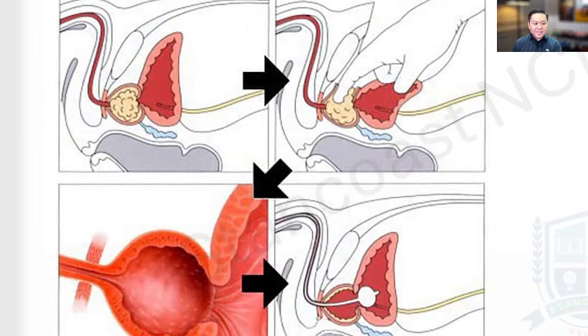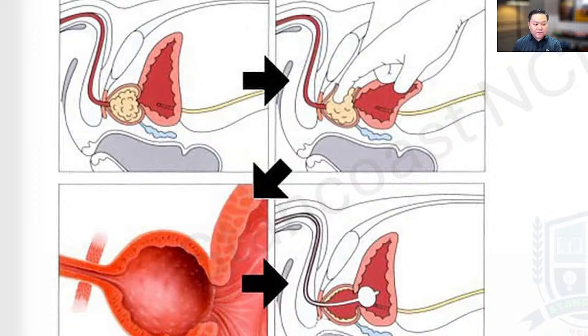So look at that. This is the bladder right here. I can't really use my pen right now when this is zoomed. And so the bladder right here and the prostate gland that is enlarged, and this is going to be manually extracted by the surgeon.